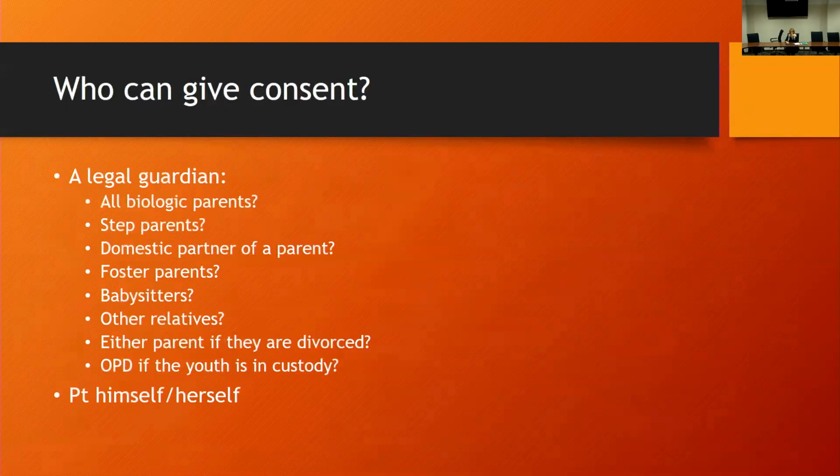Babysitters, if there already is a little note from the parent saying they can do whatever they need to do. When they're divorced, if they have joint custody and one parent doesn't want it and the other parent wants it, if it's not life-threatening, you theoretically can't do the procedure until they agree.